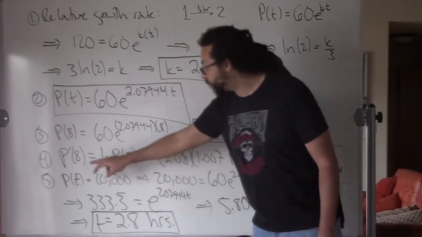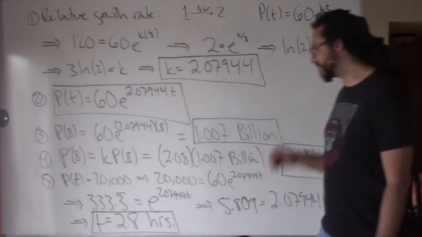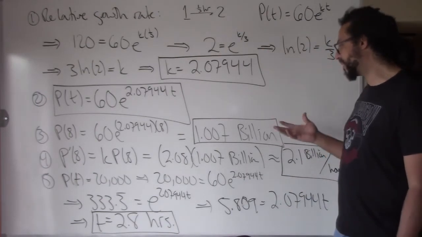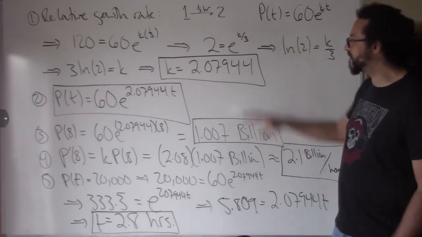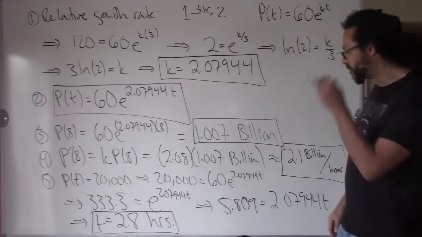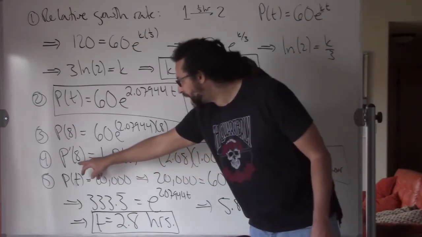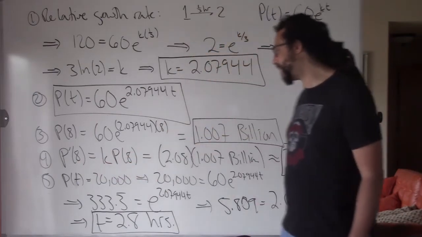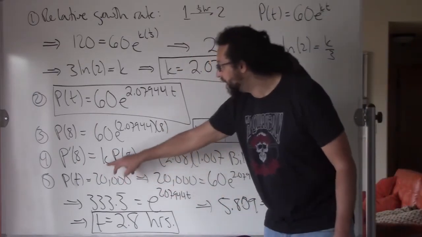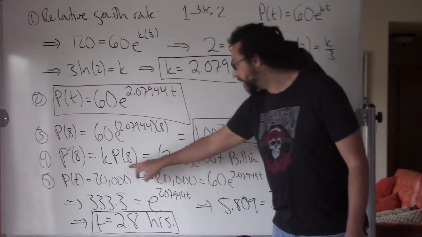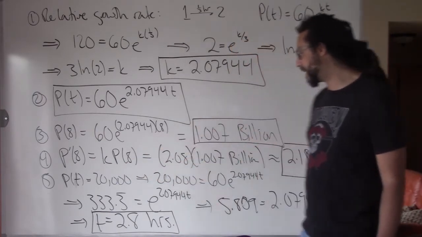So the rate of change of the population, the rate of growth of the population, I know that sounds roughly the same as relative growth rate. Remember, p prime of 8 is equal to k times p of 8. We know what k is. We got that in part 1. We know what p of 8 is. We got that in part 3.